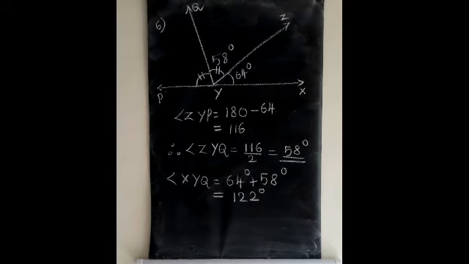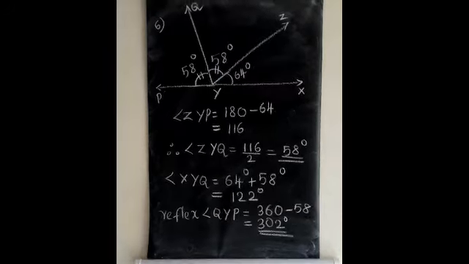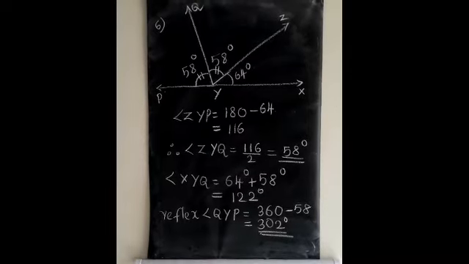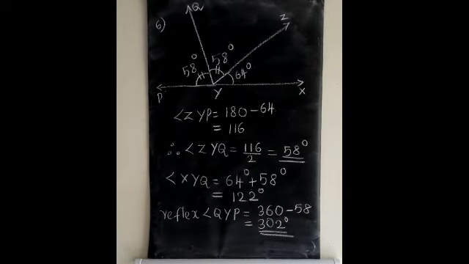And then the second part, what is that? Reflex angle QYP. Okay, we know that angle QYP is also 58 degrees. And we know how to find the reflex angle. Reflex angle, how to find out? 360 minus 58 degrees. Isn't it? So reflex angle QYP is equal to 360 minus 58, that is equal to 302 degrees. Thank you.